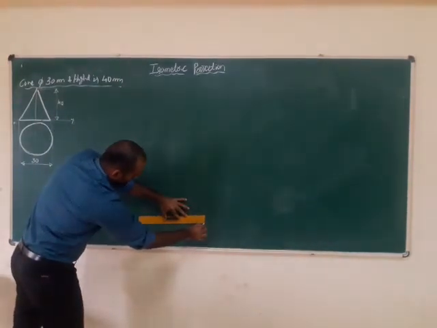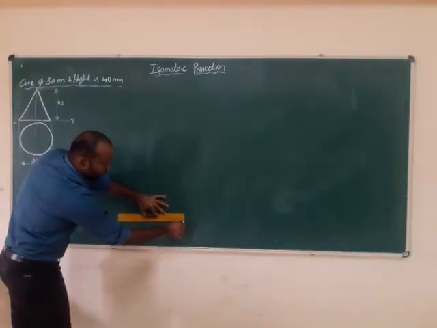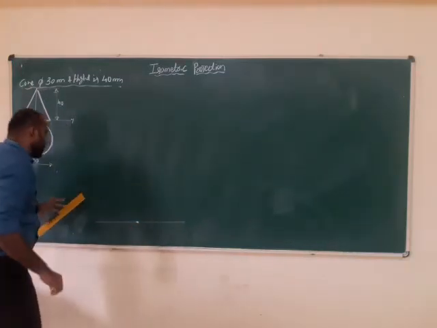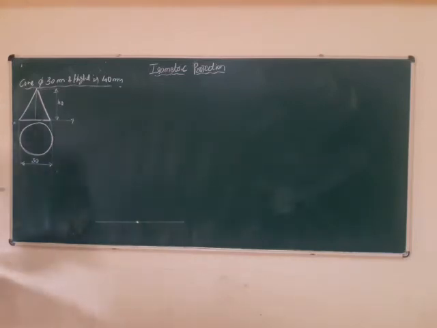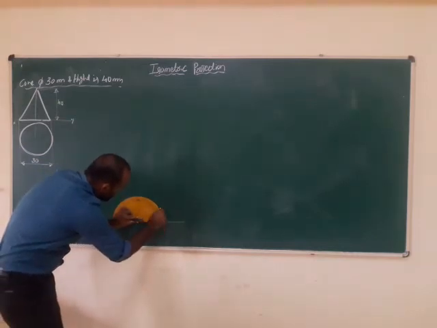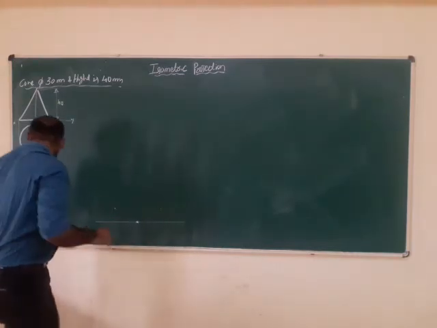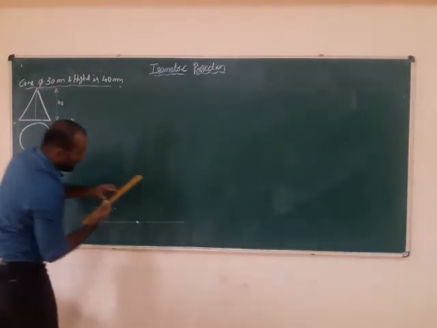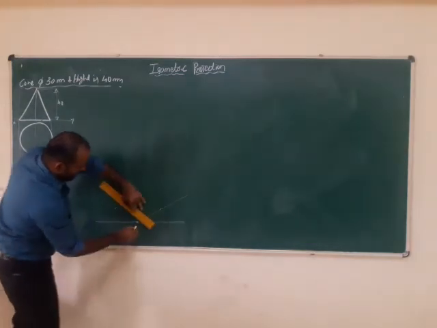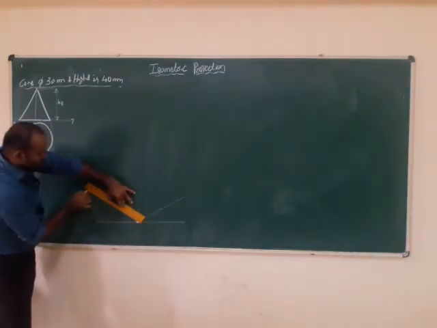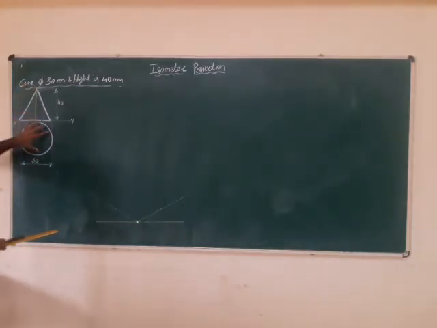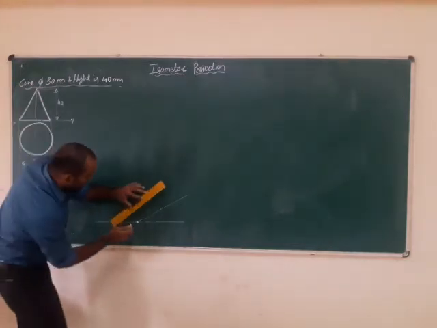Take one XY line. I will show you how to draw the cone. Select one point. Always first you have to measure 30 degree, then project. The cone diameter is 30 mm, so you have to measure 30.